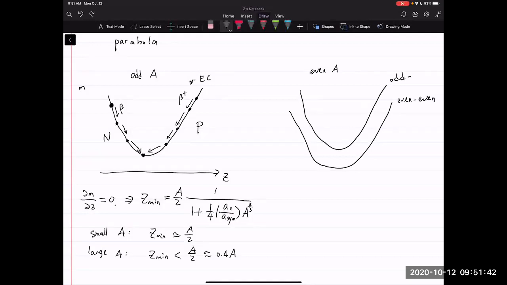What I mean by even and odd is the number of neutrons and number of protons. So the odd configurations will have slightly larger mass. And the difference of the two is known. It's just related to 2 times this A_P term divided by square root of A.